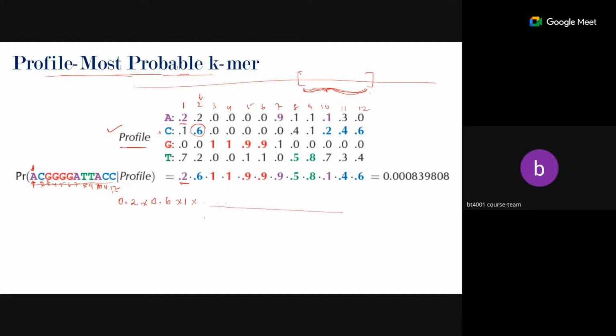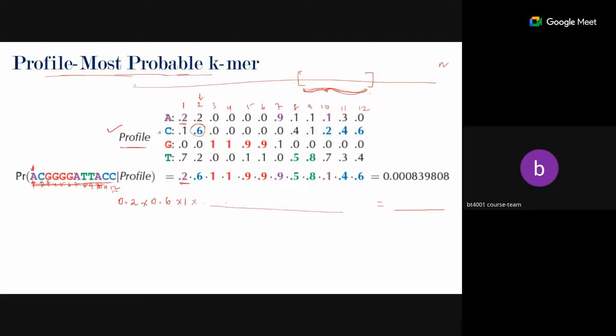Once we do this, whatever the final value is, that is the probability of occurrence of this particular k-mer as a motif. It is the probability that this particular k-mer is the consensus, or the probability of occurrence of this k-mer in the list of motifs. Now suppose we are given a genome sequence of length n.